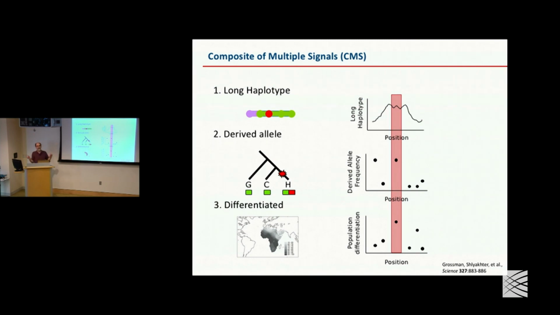Because the thing about a long haplotype in particular, it's great. It means that selection has happened here, but it's long. It can cover a megabase or 500 kb, and it can have multiple genes and lots of variants in it. So zeroing in on it is quite important if you want to have any idea what's actually going on there.